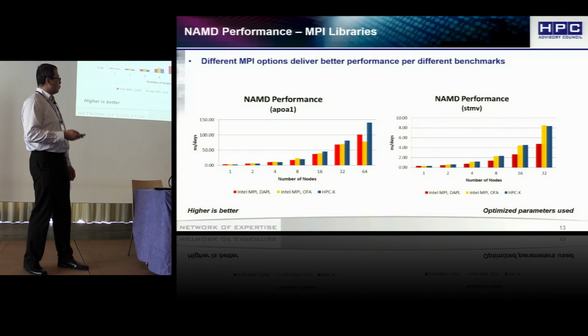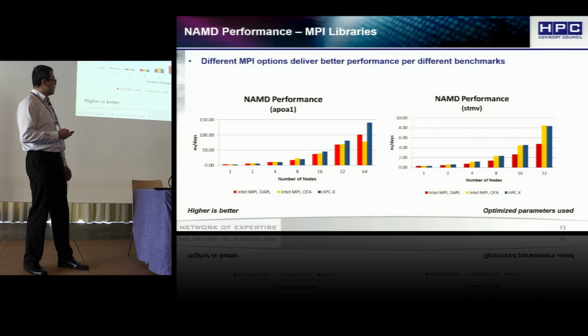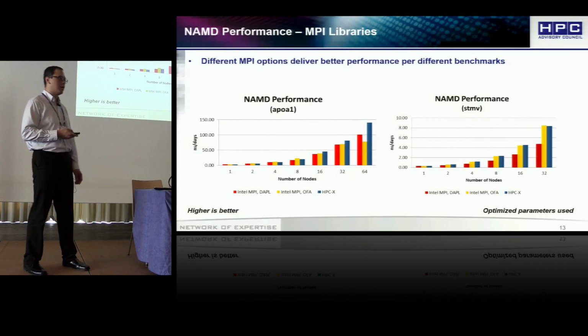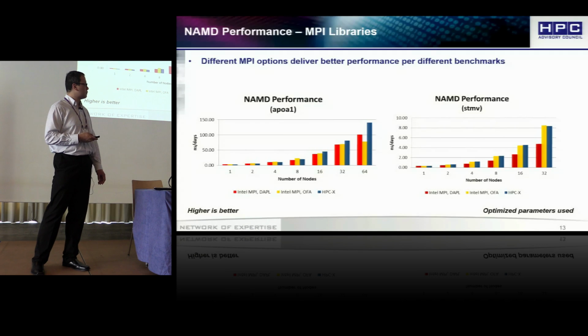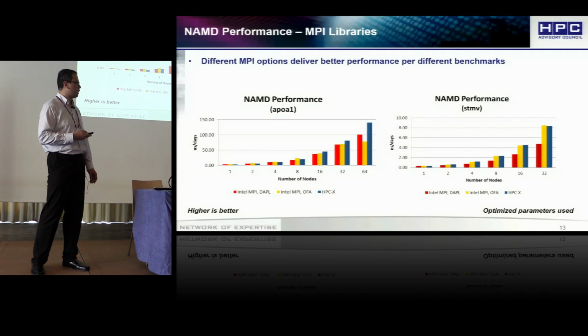Once again, we see that for some reason, for the first one, we're not able to show very good scalability up to 64 nodes for Intel MPI. HPCAC, which is based on OpenMPI, ends up having slightly better performance on the first input data. The second one seems to be OFA provider, which is the IB Verbs support.